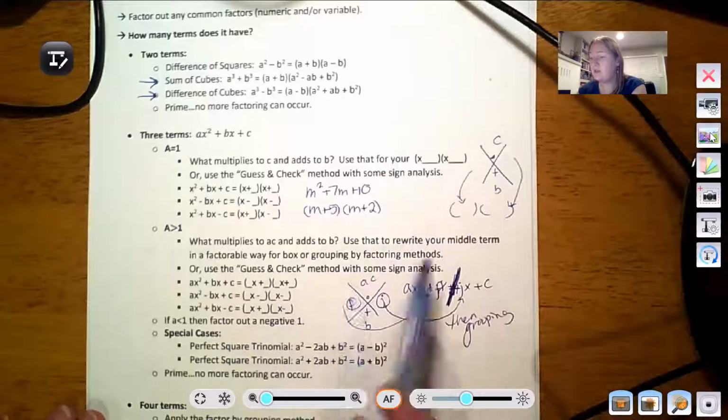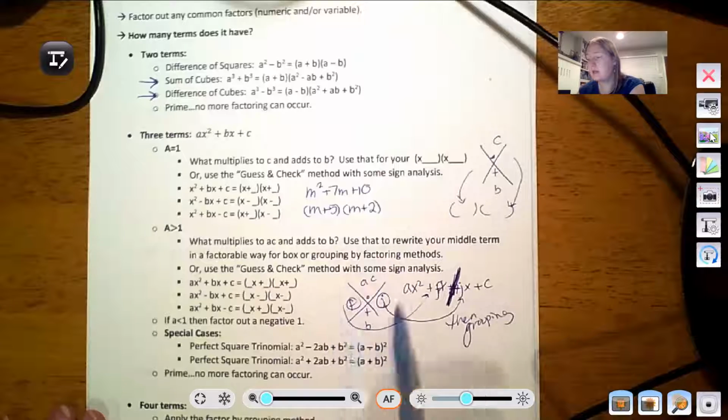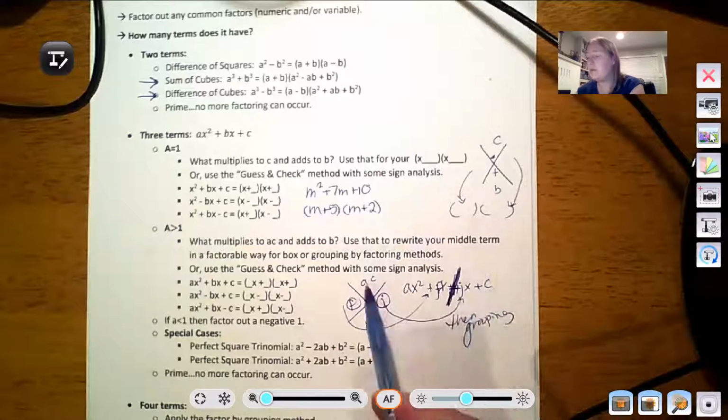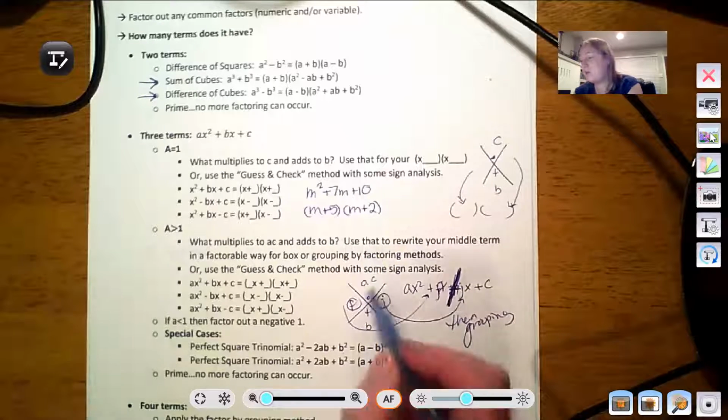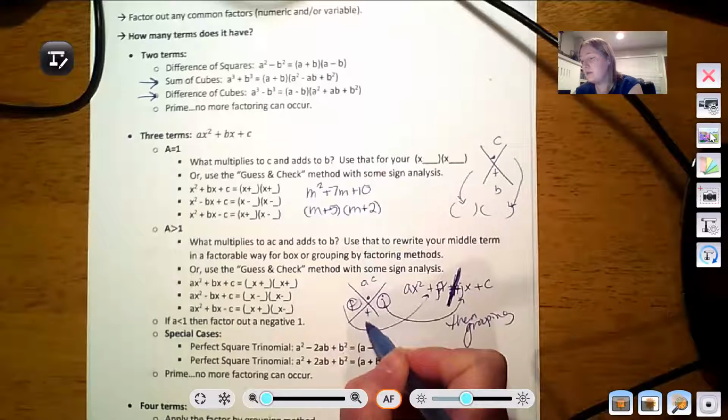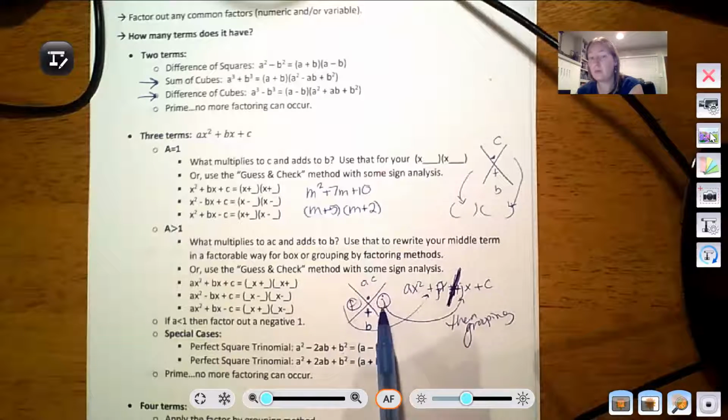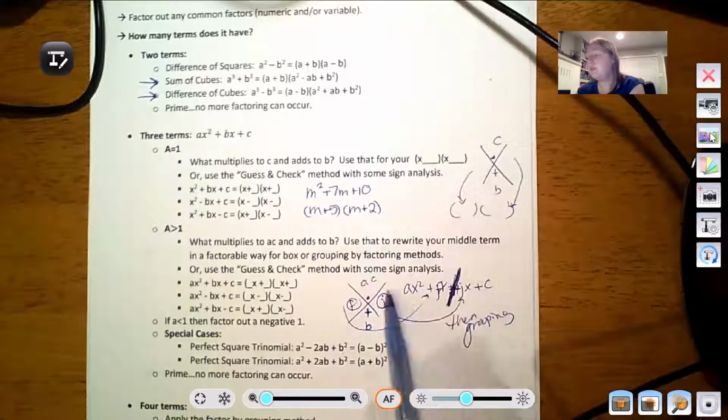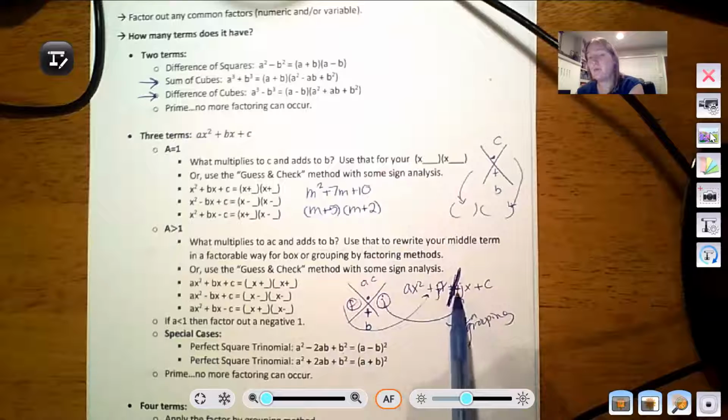And so you have to do your A times your C. So I use this X to organize my work. It's your A times your C. I think of it as attic and ceiling towards the top, and that's why I multiply to. And the B goes towards the bottom or the basement, and that's what you're adding to. And you figure out what pair of numbers works for that. And that's how you're going to split up your middle term in such a way that it is factorable by grouping.